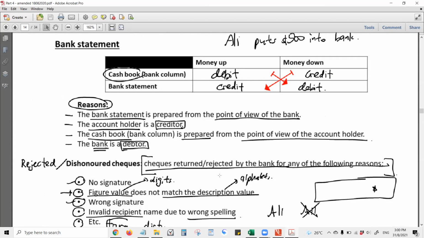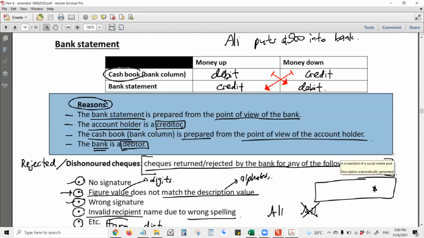You have all the explanation here as to why the bank statement debit and credit columns are treated the other way around. So if you see any question asking why the debit and credit columns are the other way around between cash book and bank statement, these are the full answers. That's the first fact you have to know.